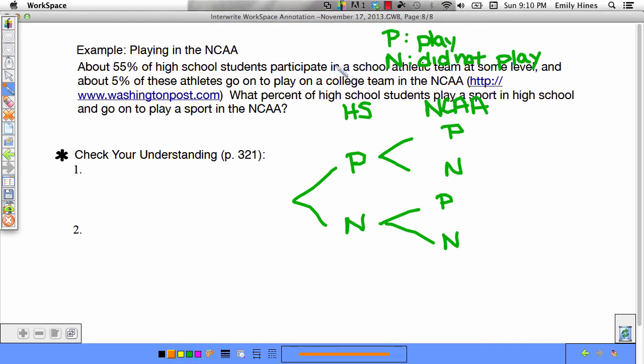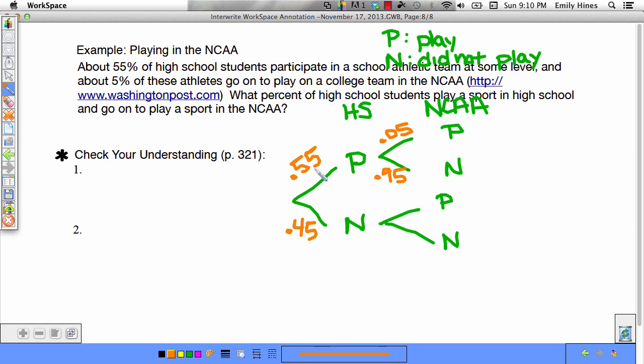So we have about 55% here who played high school sports, which means 0.45 here. We have no information about this, so we're just going to leave this blank. And I know that 5% of these go on, which means about 95% don't.